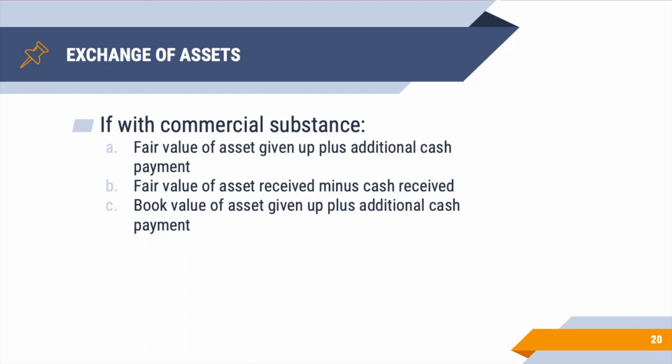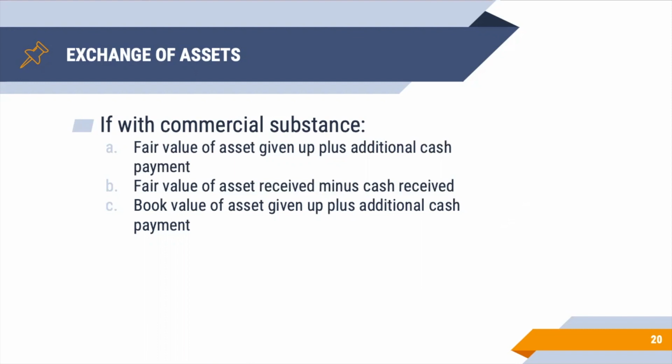So question is, sir, kailan merong commercial substance? There is commercial substance in an exchange if the cash flow from the asset given up significantly differs from the cash flow of the asset received. So for example, nag-exchange tayo ng iPhone 6. Same tayo ng iPhone 6. It's just that mine is color gold while yours is space gray.